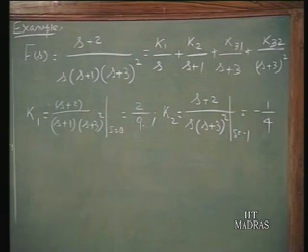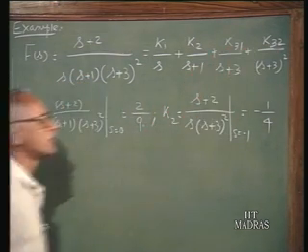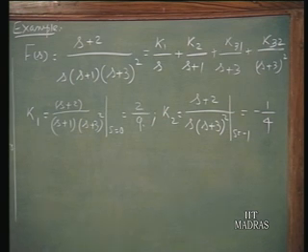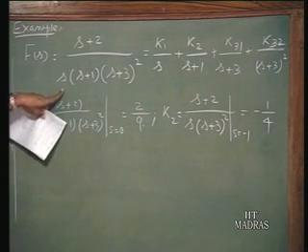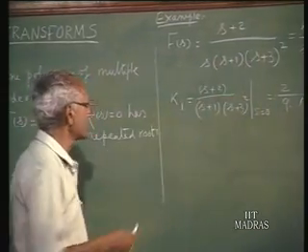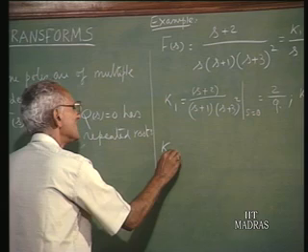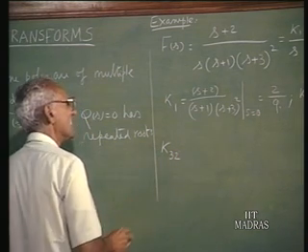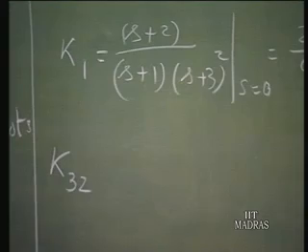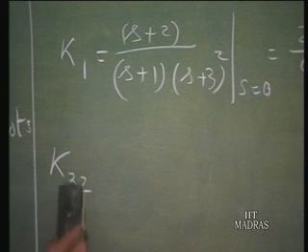Now you have to find K31 and K32. Of this, K32 is easily found by multiplying this rational function by s plus 3 whole squared, so that on substituting s equals minus 3, all the other terms vanish. We will illustrate this in a more general way.